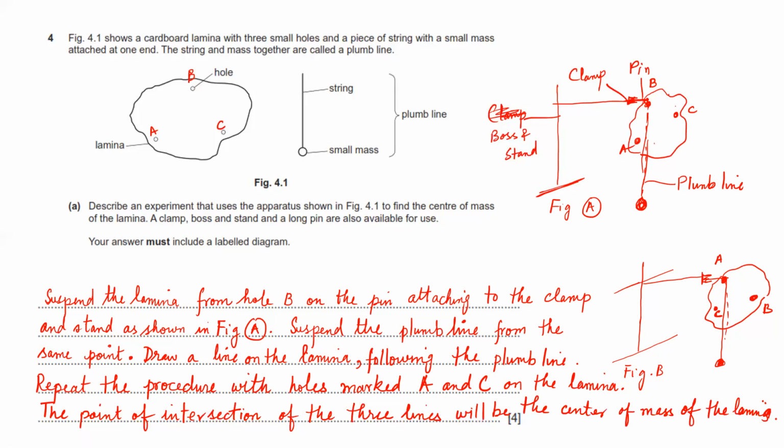It's a pretty simple one. Again, so this is for 4 points. One will be for drawing a good diagram. Then they want you to say suspend this from hole, suspend the plumb line, draw a line, and the fourth point is the point of intersection. So these all 4 points, and along with the diagrams, if you write it like that, you'll get complete credit for this answer.